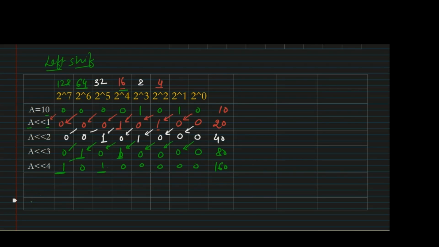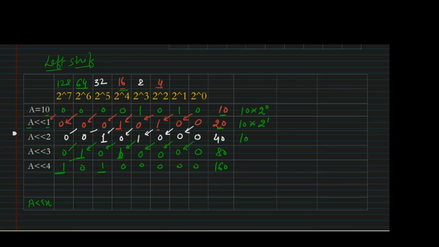So now let's say I want to move A towards left n times. So what will be my output? If you can see over here, 10. Can I say this is 10 into 2 raised to the power 0? This is 20, 10 into 2 raised to the power 1.